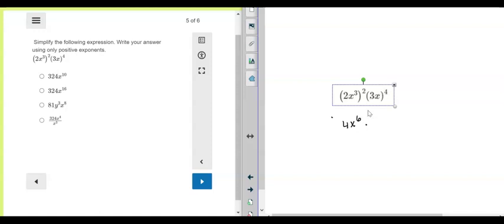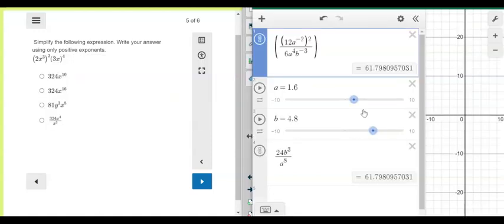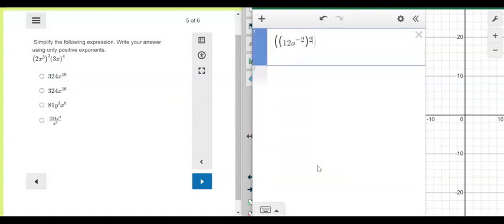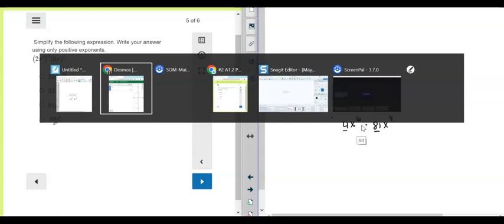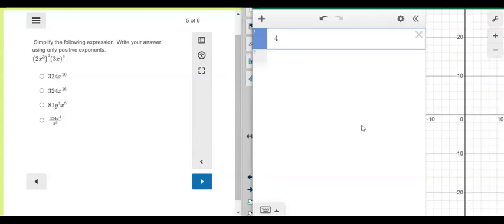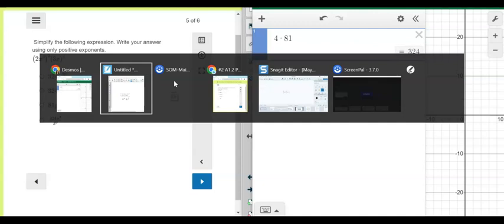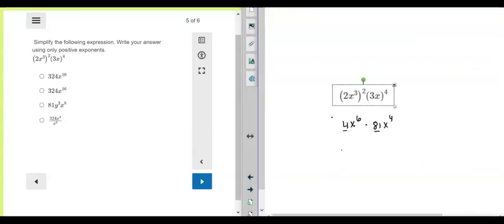And then 3 to the 4th power is 81, and then x to the 4th power. Then multiply these two together, 4 times 81, which is 324. For the coefficient, I'm going to multiply, and then for the exponents, I'm going to add. So 6 plus 4 is 10, right there.